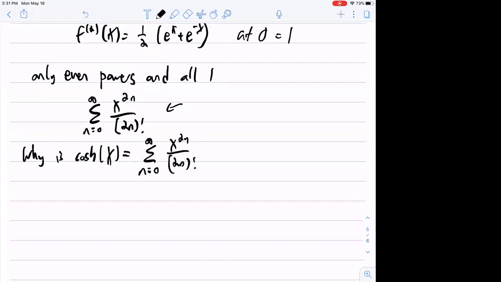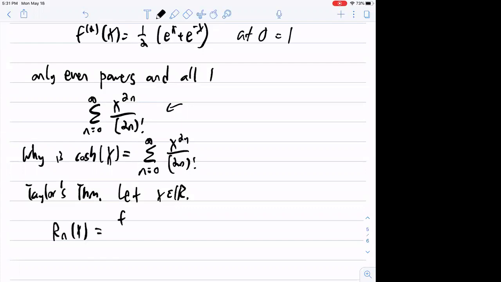Okay, so again, let's use Taylor's theorem. Let x be an arbitrary number in R. Then Taylor's theorem says Rn of x is Fn of y over n factorial times x minus 0 to the n.